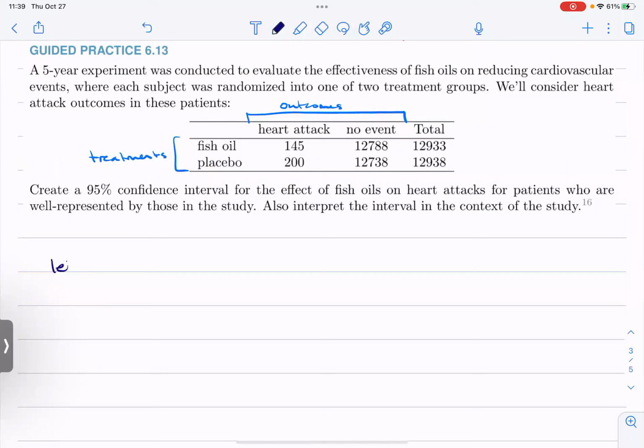So let F be fish oil and P be the placebo group. That's basically my group 1, group 2.